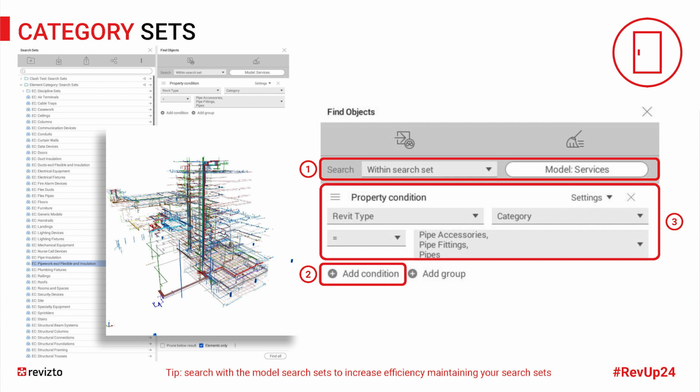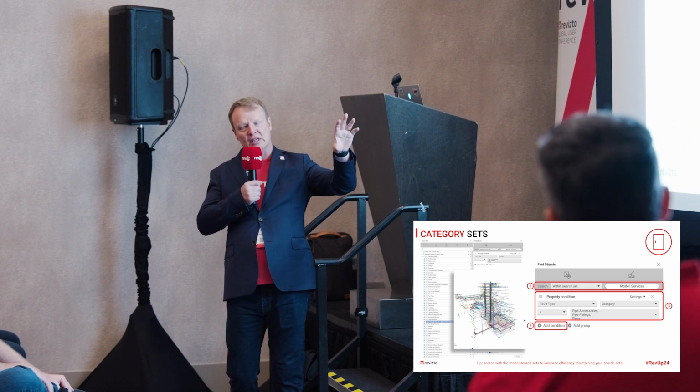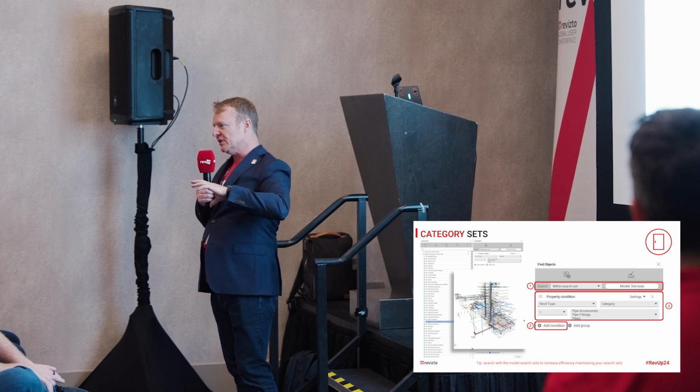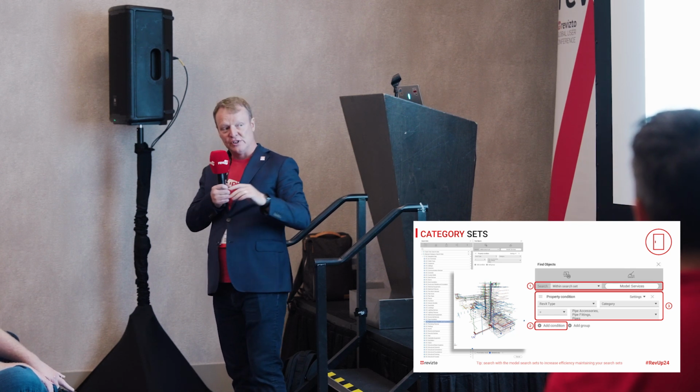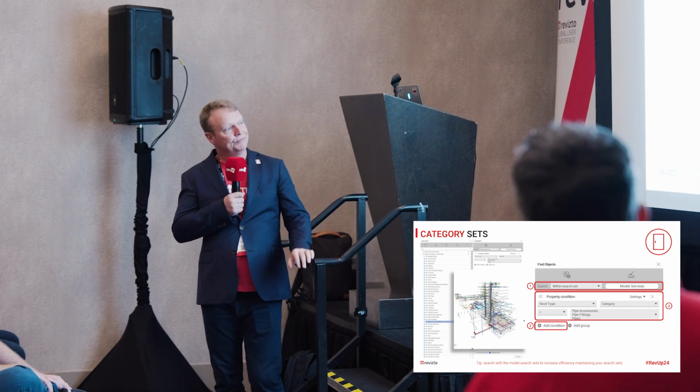I often exclude flexible pipe work. By not putting it in the search set in the beginning, it means you don't have to process that information. So it speeds up the clash process inside Revizto. If you leave those things inside your search set, Revizto is going to have to process all those elements in the clash process, which takes time. So if you're just going to ignore them, don't include them inside the search set.